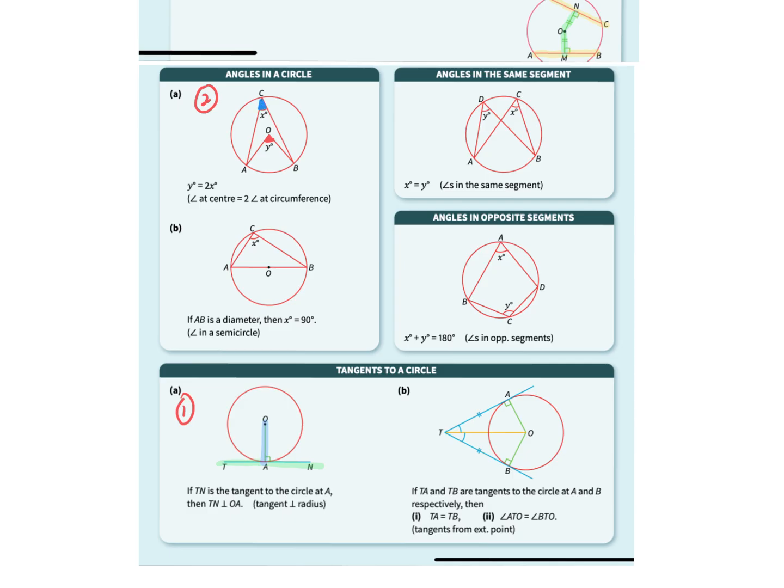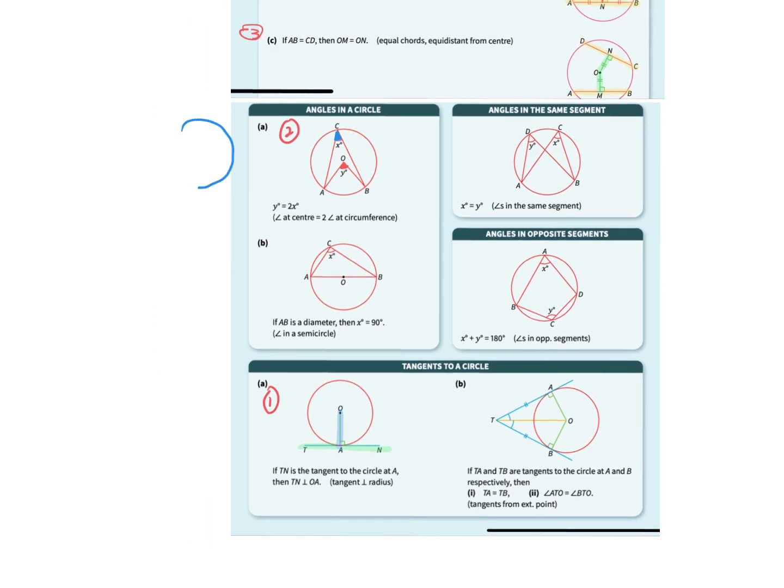This one is not so good because they don't show you all types. Just now I showed you the flag. This one is double. I also showed you the butterfly. Center is always double of the circumference.